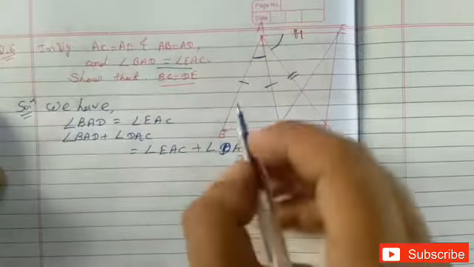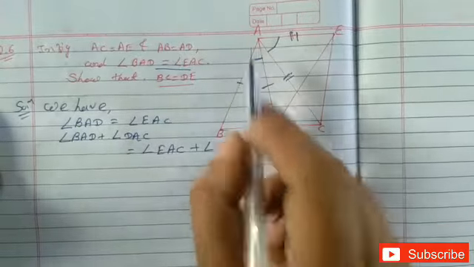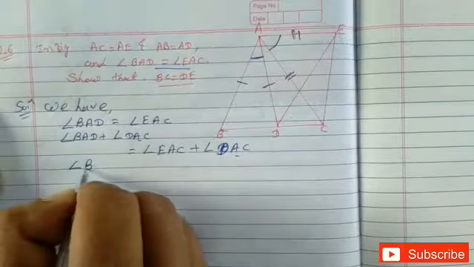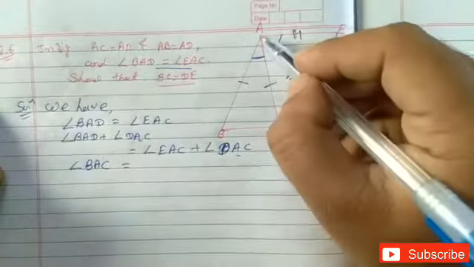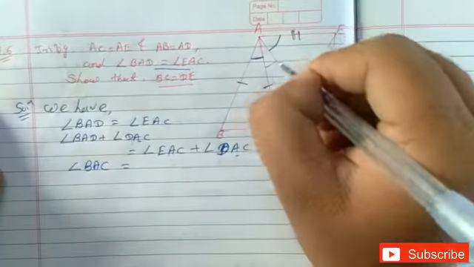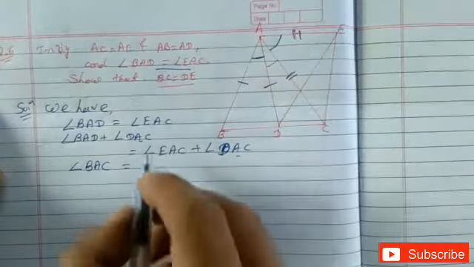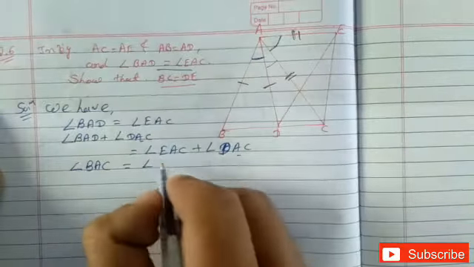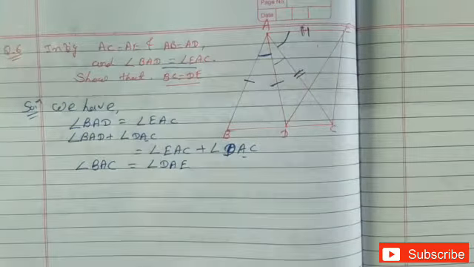Look at here. BAD plus DAC will be BAC. Am I right? Similarly, DAC plus CAE will be angle of DAE. Okay.